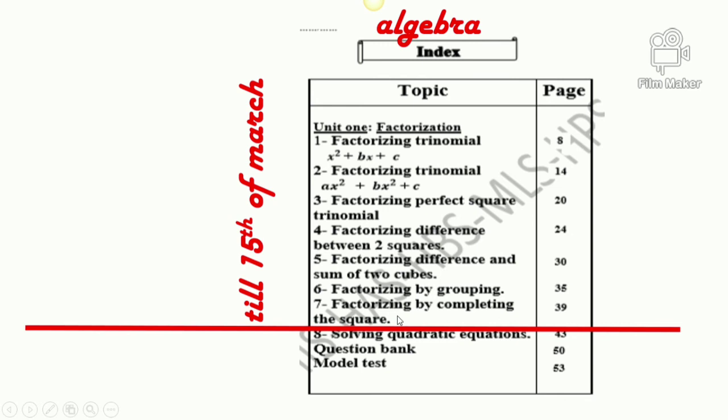We explained factorizing by grouping and the sum and difference of two cubes in our online sessions, and the previous lessons we explained in our class. Now you can solve your worksheets on these lessons and you will be able to prepare your research.